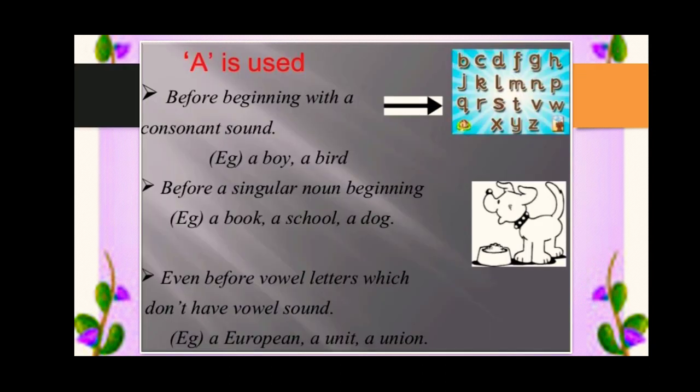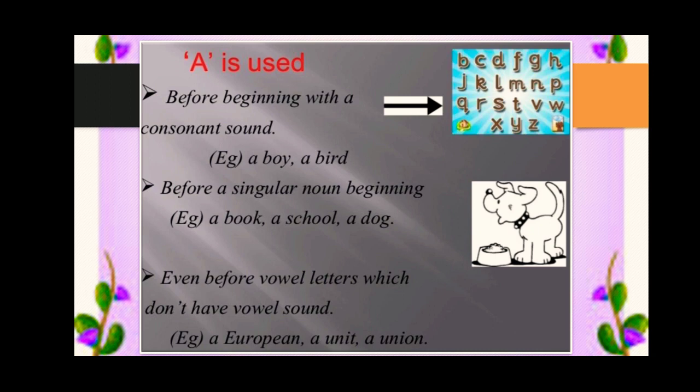So a is used before a word beginning with a consonant sound. Examples: a boy, a bird. You can see this, boy, it starts with the b sound.